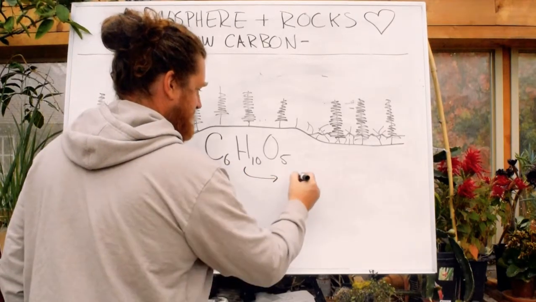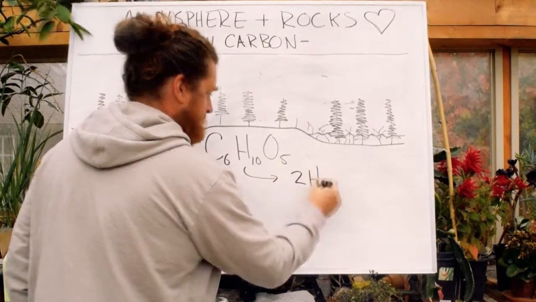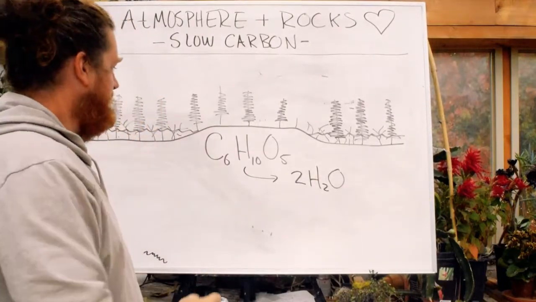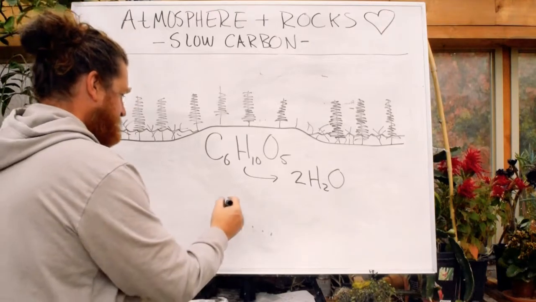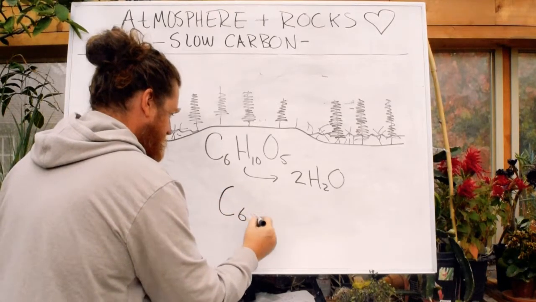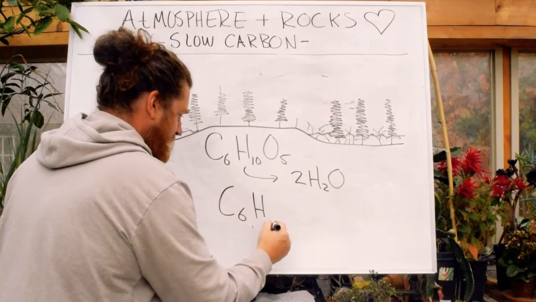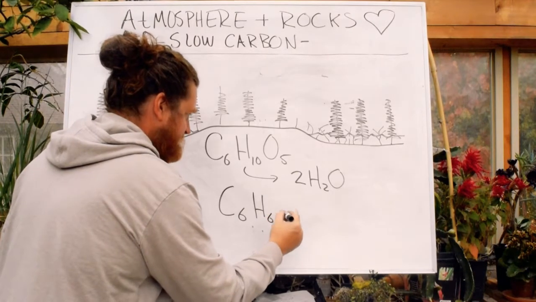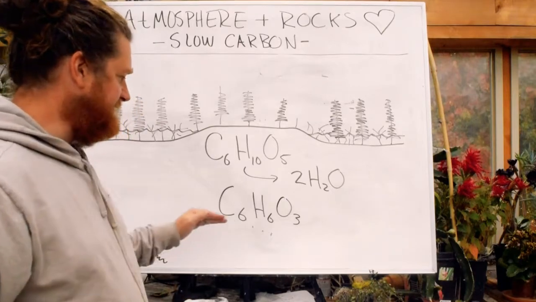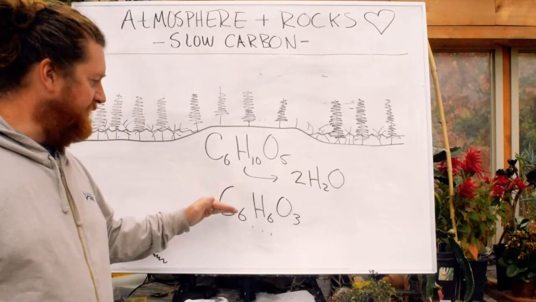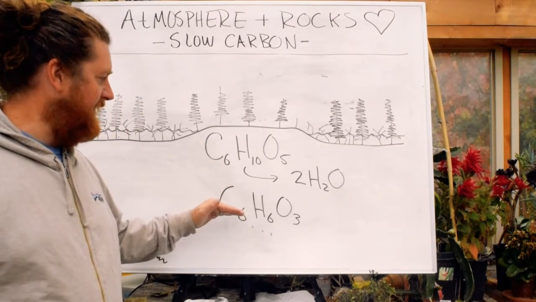So let's take out 2 units of water. So 2 waters are gone. So C6H10O5 minus 2 waters is C6H6O3. And so, as you can see, the percentage of carbon gets higher and higher and higher.